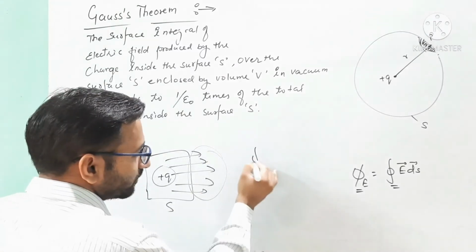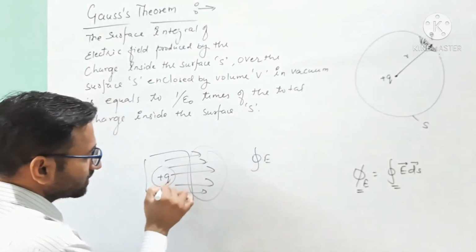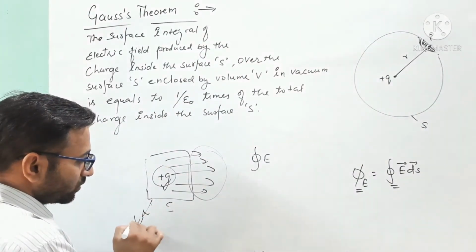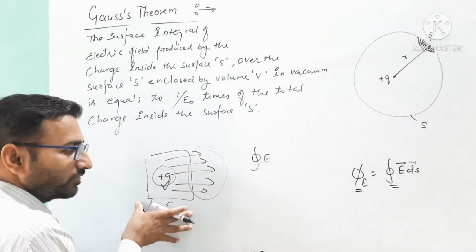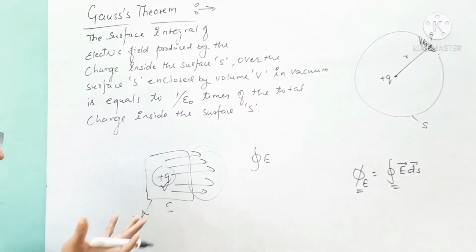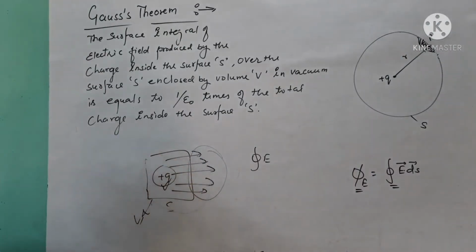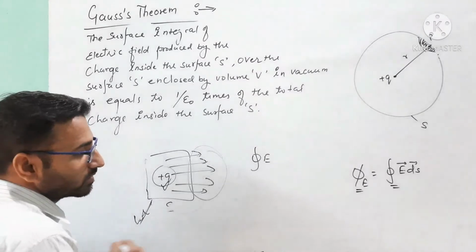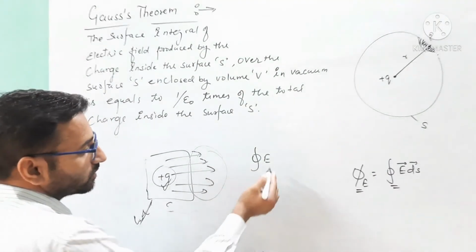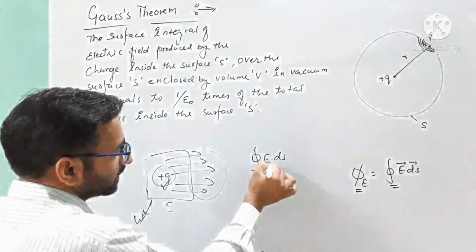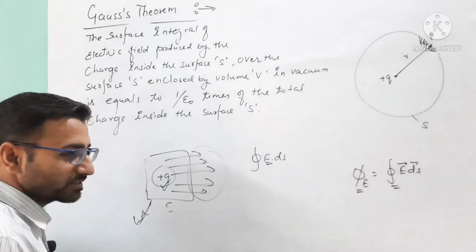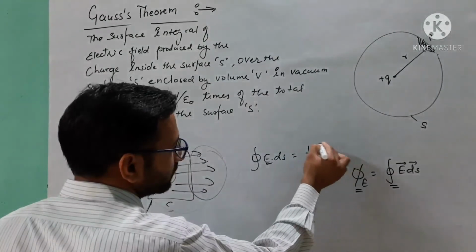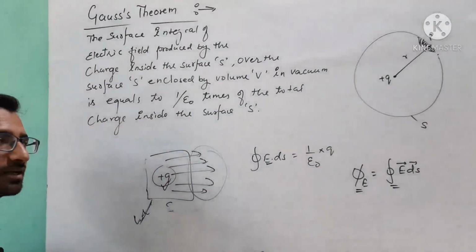That's why it says the surface integral of electric field produced by this charge in the surface S enclosed by the volume V, because if it is a surface, it will also contain some volume. So the surface integral of electric field over the surface S enclosed by the volume V is equal to 1 over epsilon naught times the total charge, which I am considering here as Q.